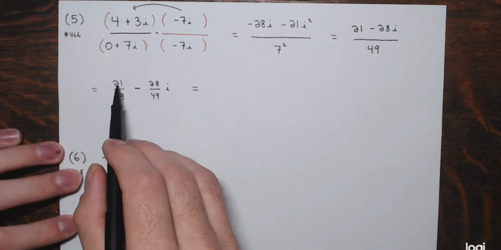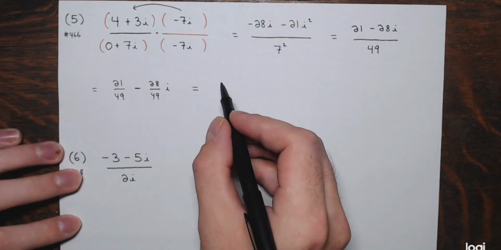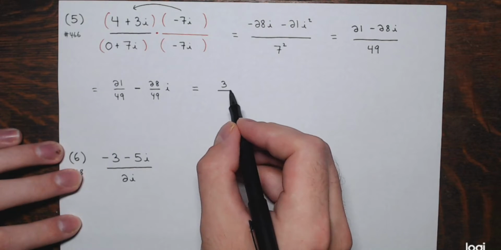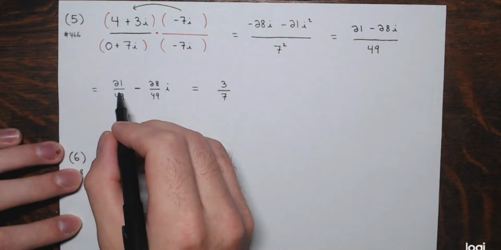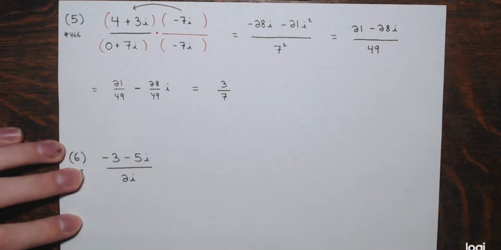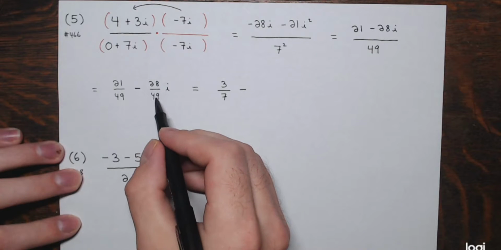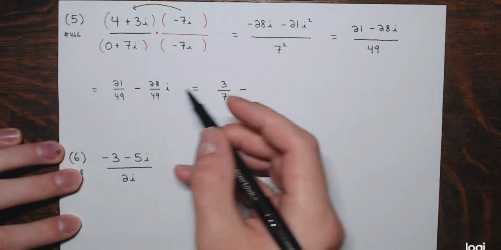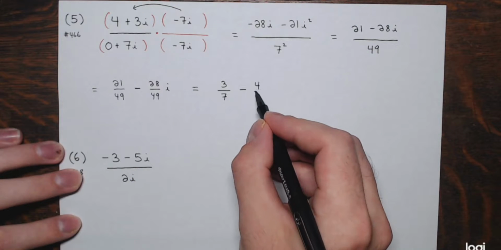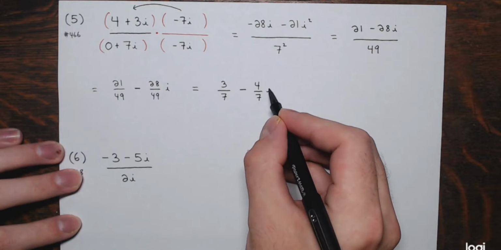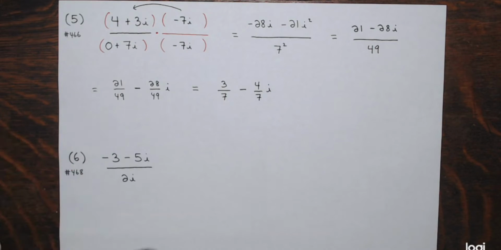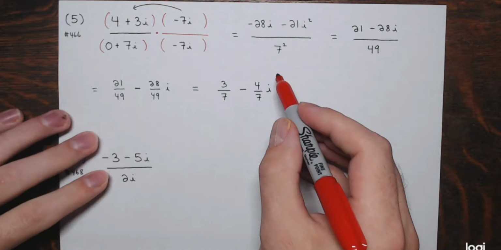Now these have a common factor of 7. 21 49ths is 3/7, dividing the numerator and denominator by 7. Minus 28 49ths, those both have a common factor of 7 as well. Divide out by 7, you get 4/7 times i. All right, so 3/7 minus 4/7 i is the final result here.